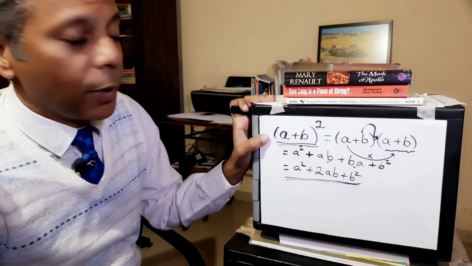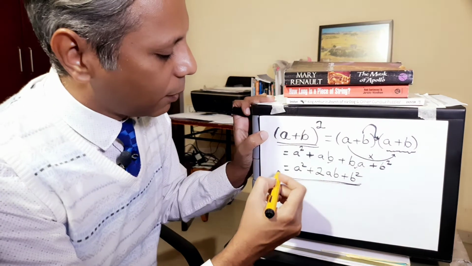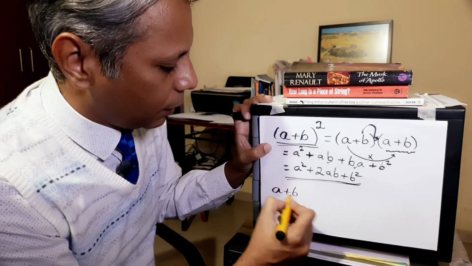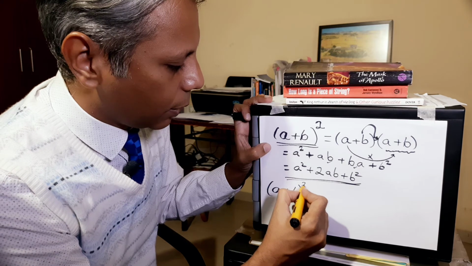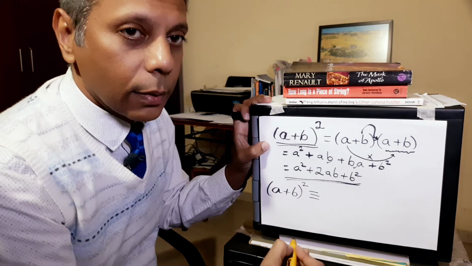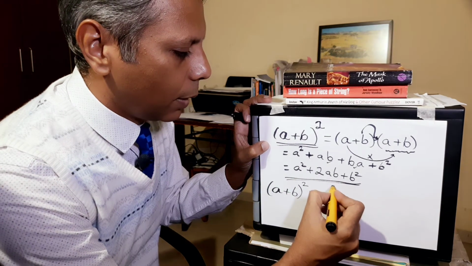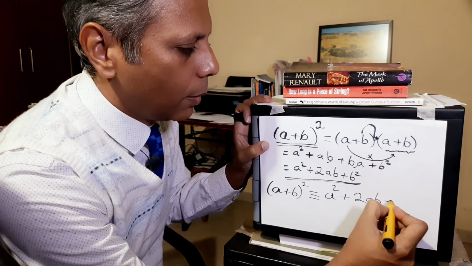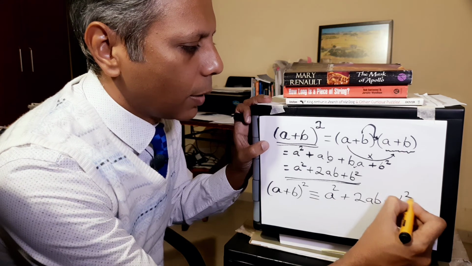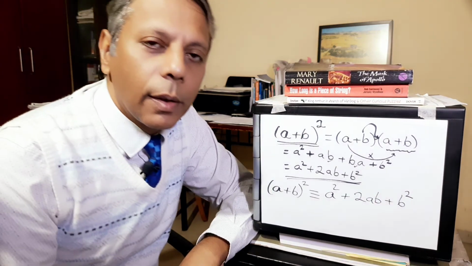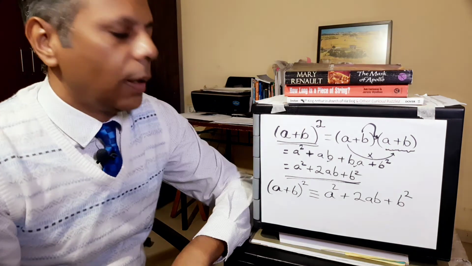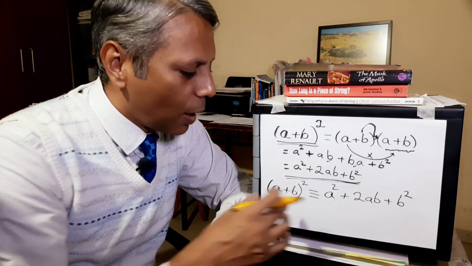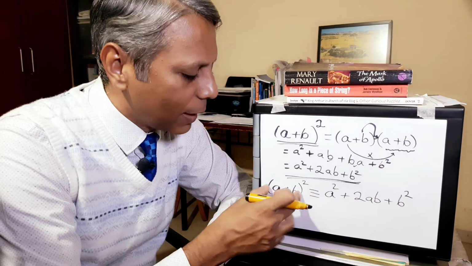Remember, because it's an identity, and identities can be written like so: (a plus b) whole square is identical to a square plus 2ab plus b square. And just as a reminder, the challenge is, how can we show this is true without expanding?